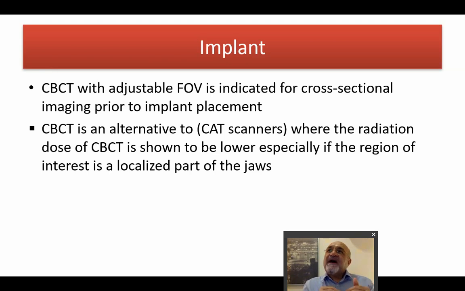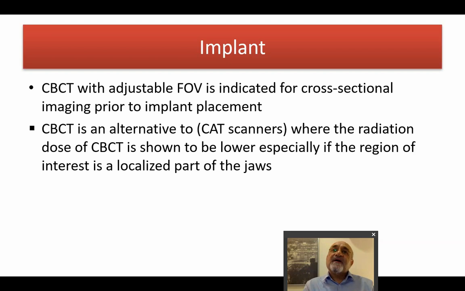They have at least 100 types of generic implants that are commercially available. So you can pick your implant, place it virtually on the CBCT, and decide its axial, buccolingual, and cross-sectional relationship in its site.